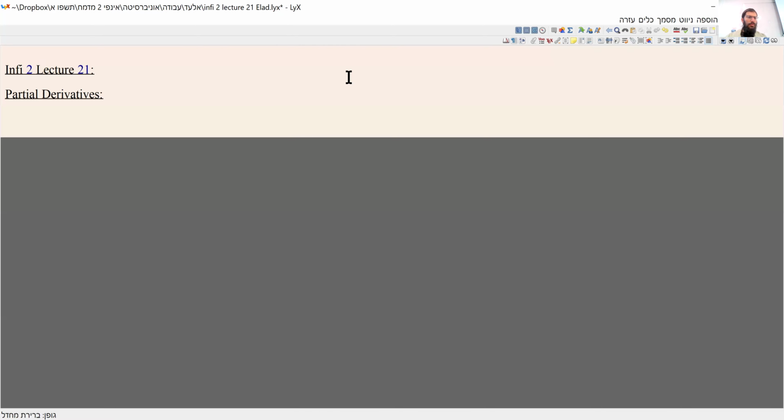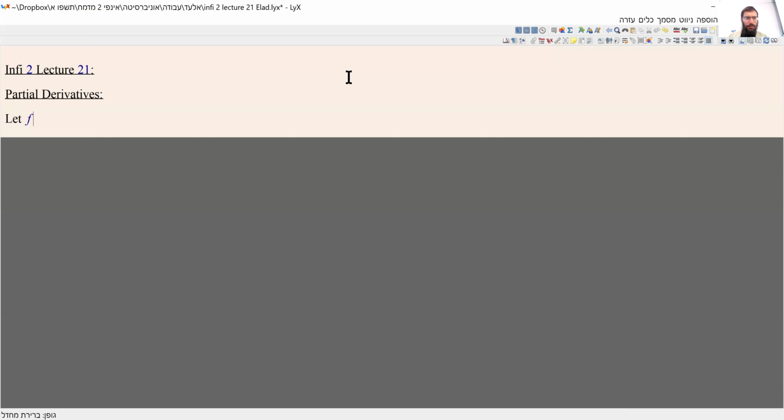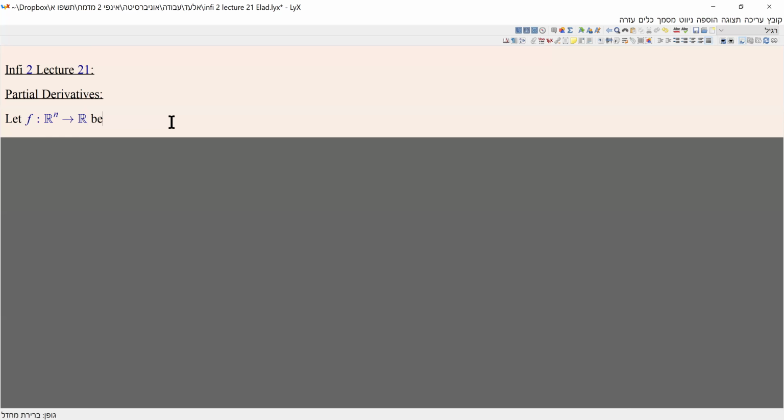Partial derivatives. Let f from R^n to R be a function. We can discuss the partial derivatives. I mean derivatives, not the whole derivative or one derivative for all variables. We can discuss a derivative for every variable.